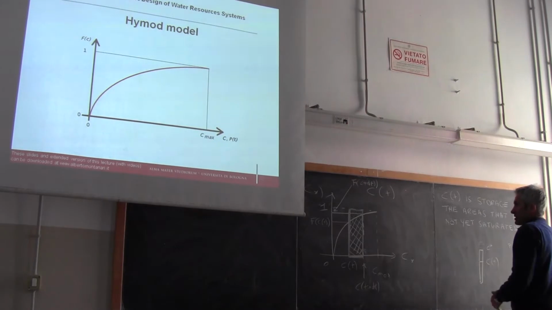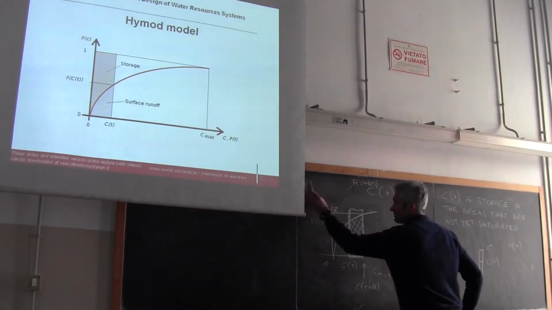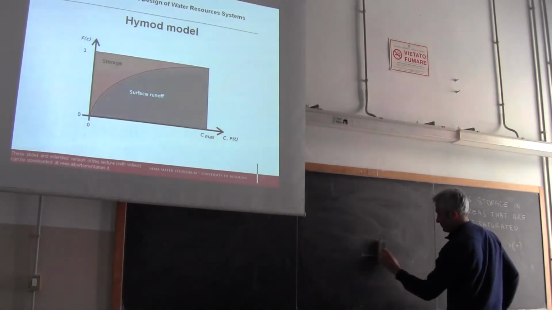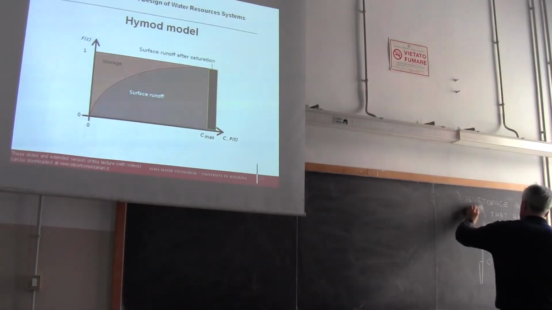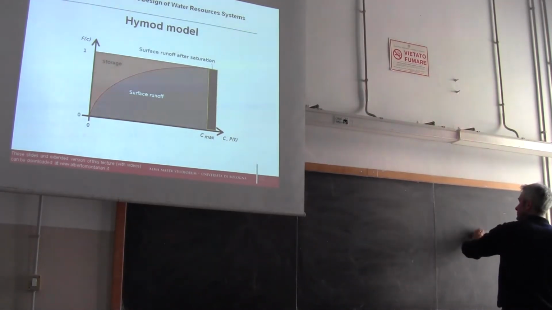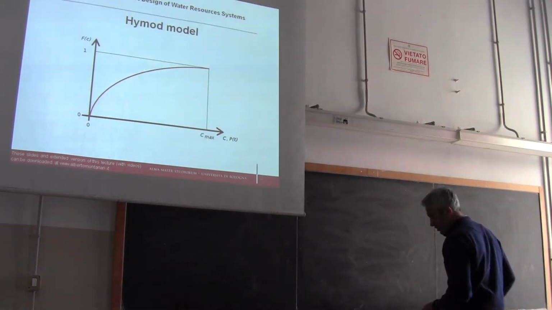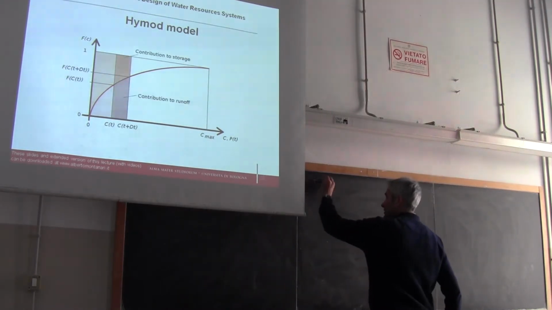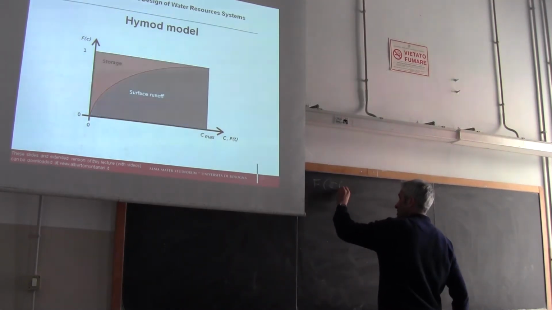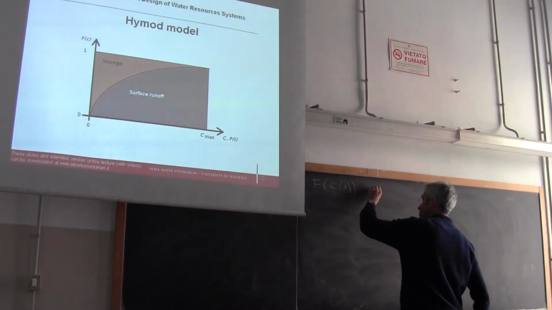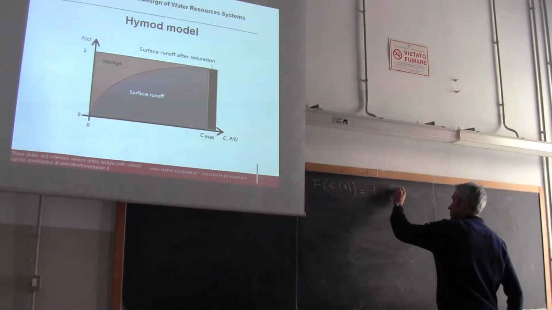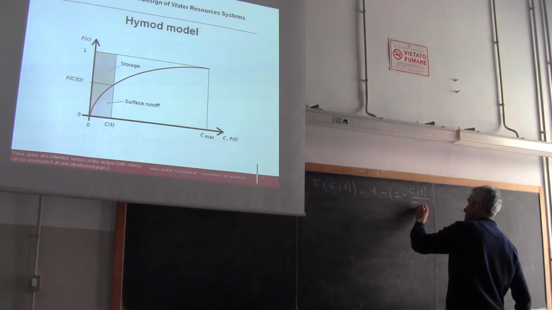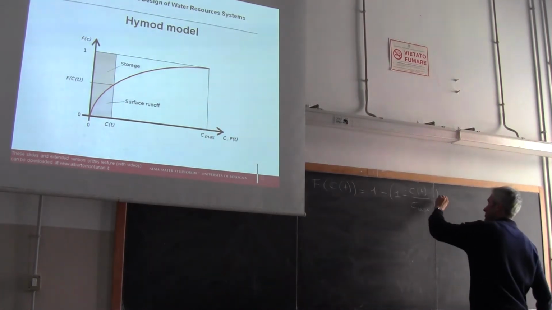So let's compute this integral, and I need to rewrite the function Fc(t), which is equal to 1 minus (1 minus Ct divided by C max) to the power of beta k.